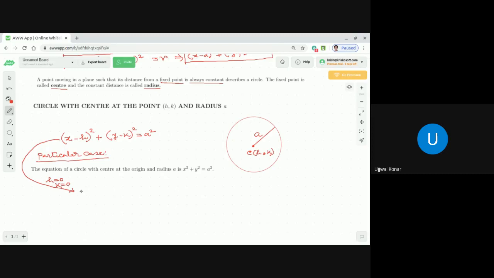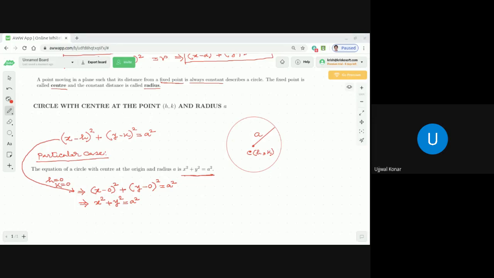So this implies x minus 0 whole square plus y minus 0 whole square is equal to a square. So this implies x square plus y square is equal to a square, and that's what we have obtained here. Correct?